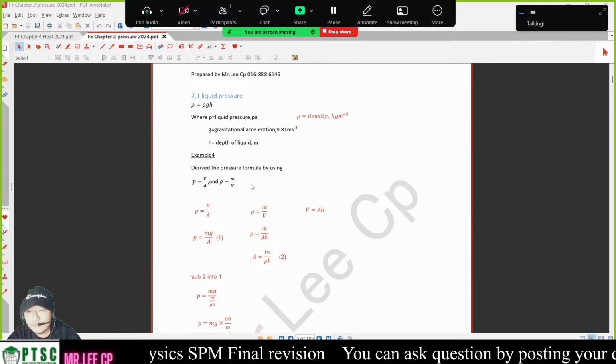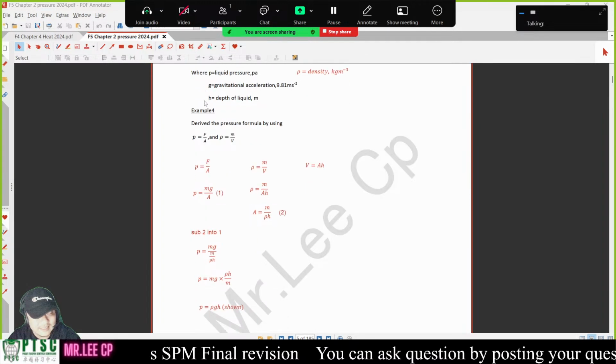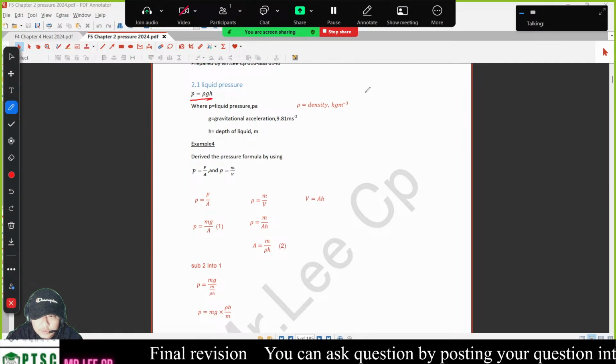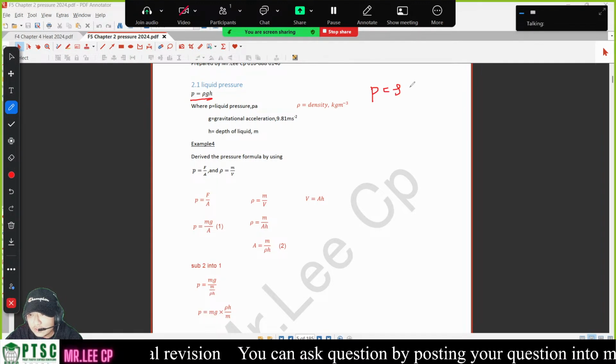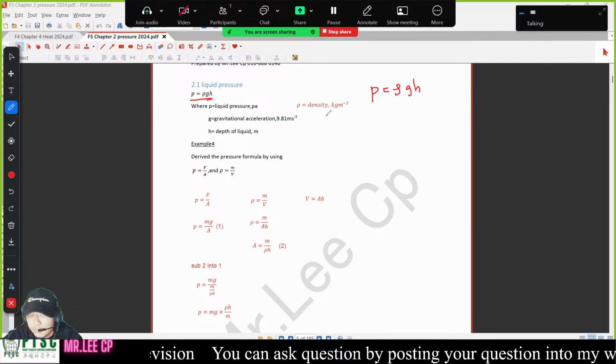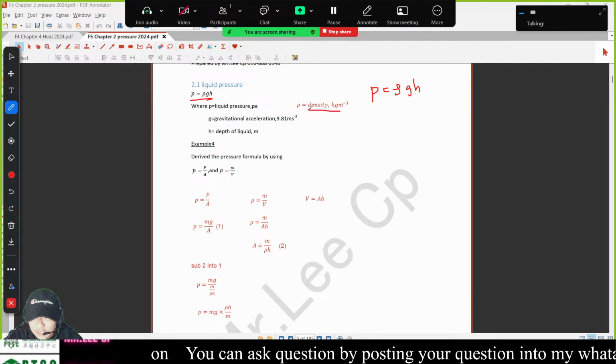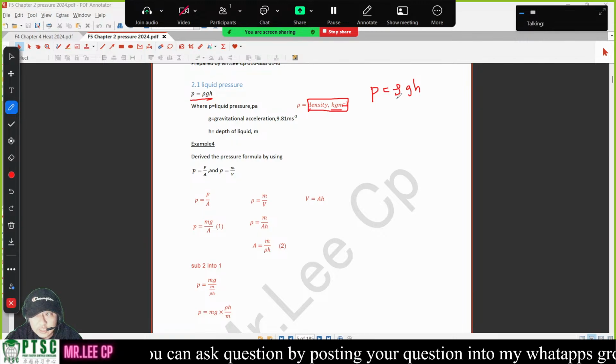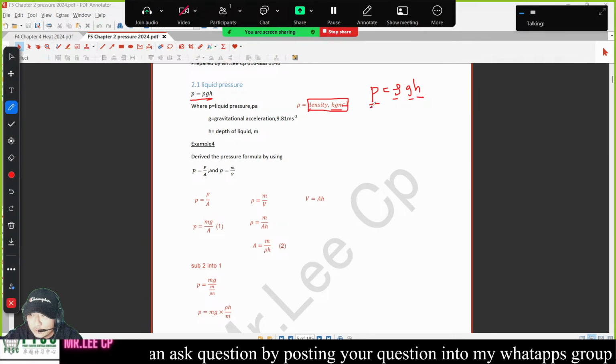Now we quickly go through liquid pressure. What you need to know is that pressure is equal to rho g h. Remember the unit of density must be kg m minus 3, so that you can get a Pascal.